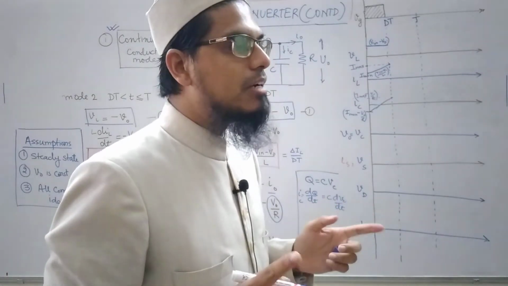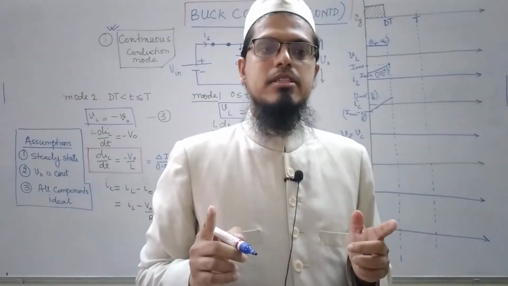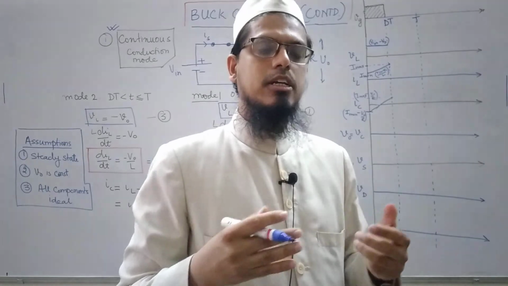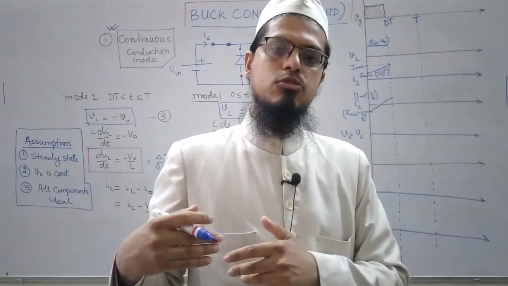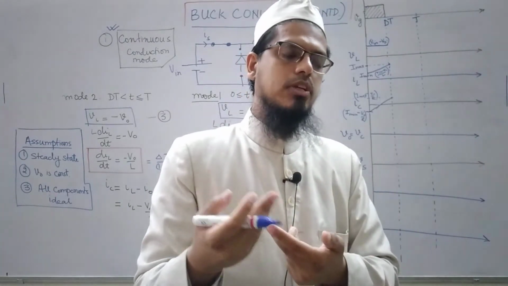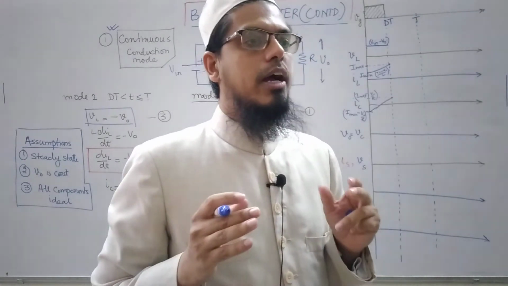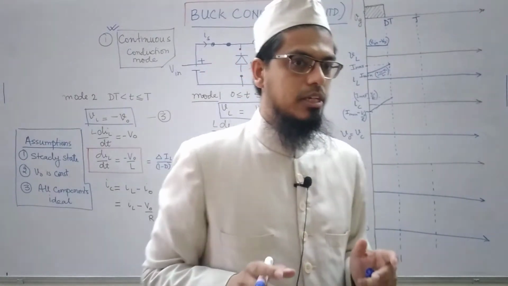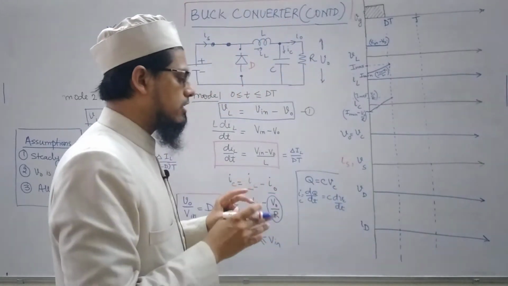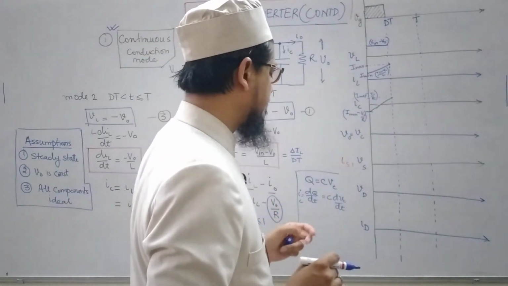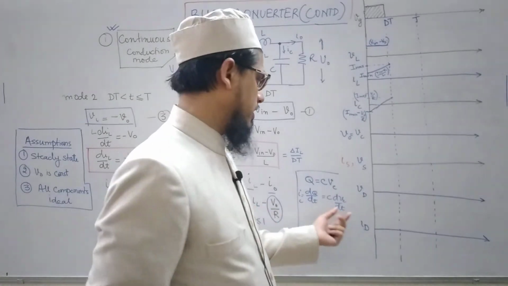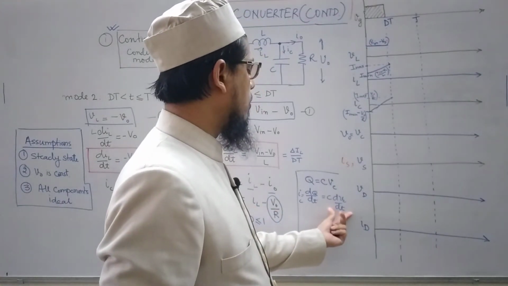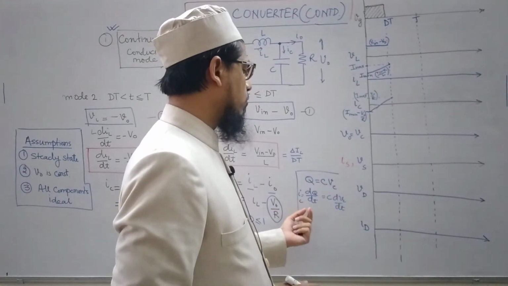That means there is no flow of current through the capacitor when the output voltage is ideally constant. But let us assume that it is not constant but close to constant. So how will that waveform look?